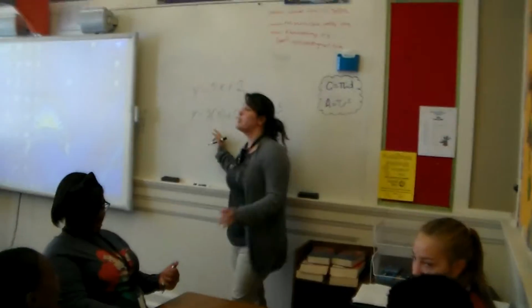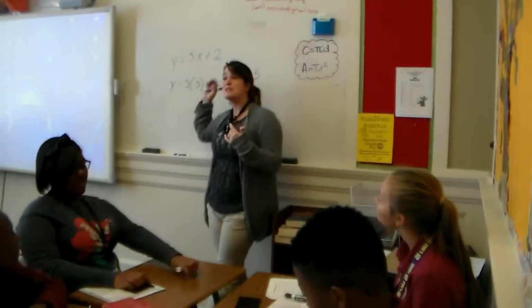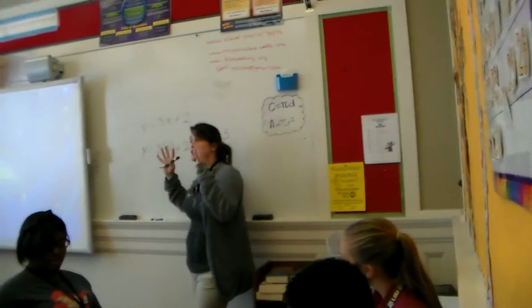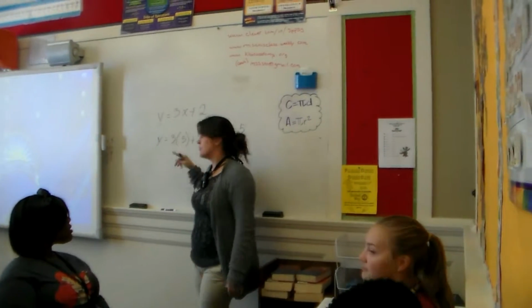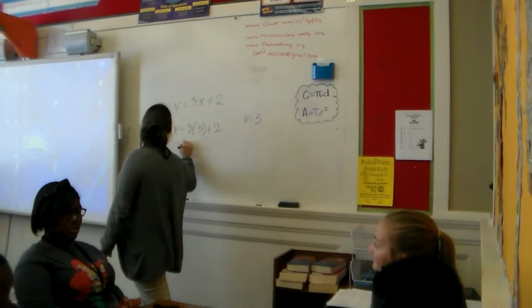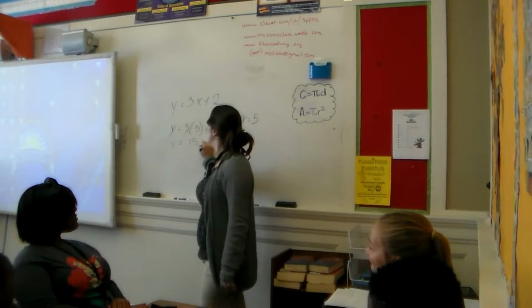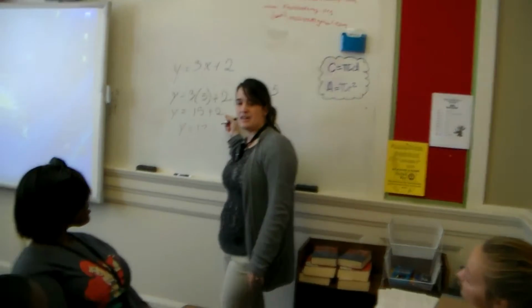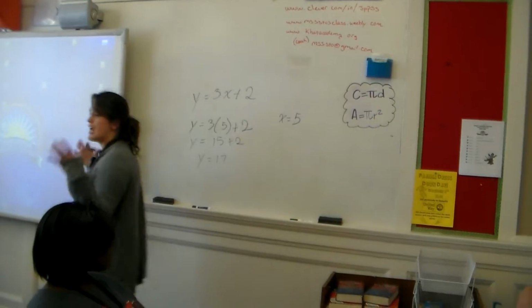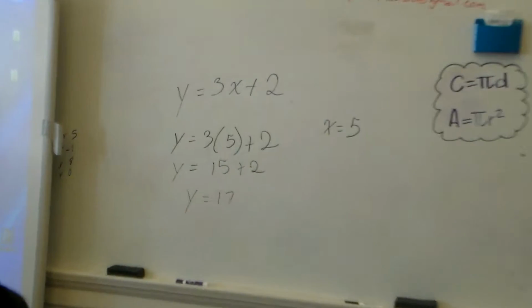So instead of just plugging it in, we're going to substitute. Remember, when we substitute something in, we have to make sure to do what around it? Parentheses, especially when you're dealing with a negative. So y equals 3 times 5 plus 2. And then a lot of you guys saw I ran out of time right there, but that's okay. So as long as you got that you were substituting in for x.